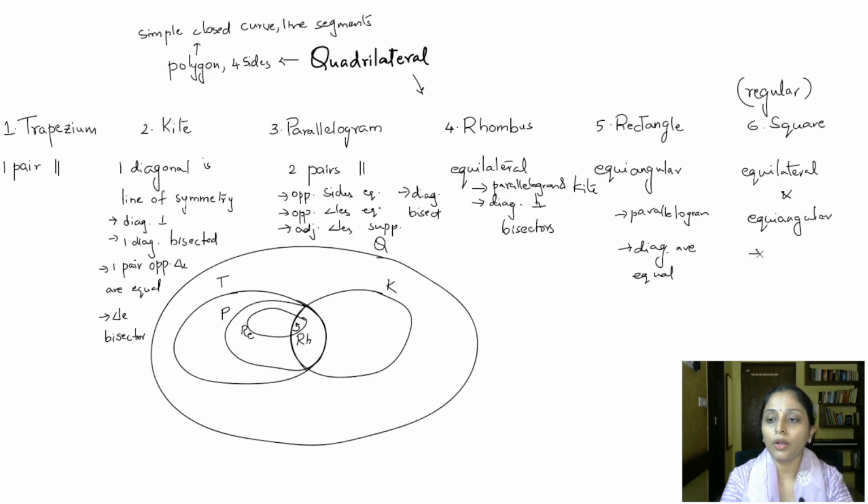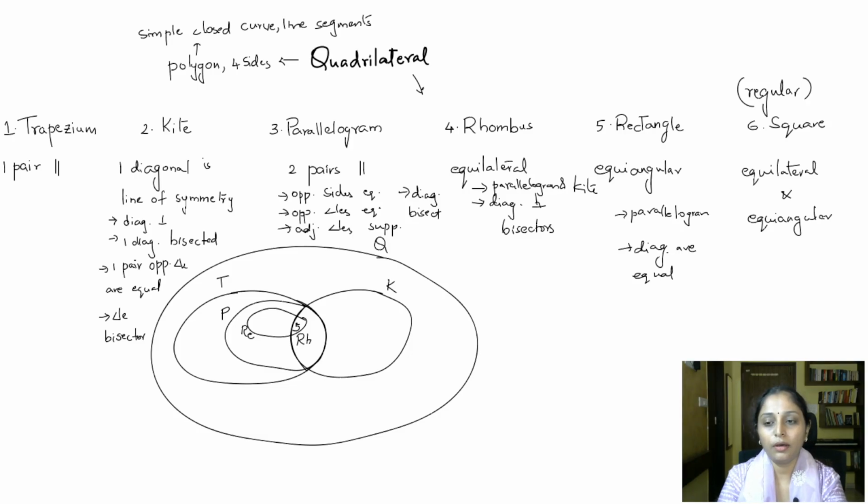Coming to square, all the properties of rectangle and rhombus will hold true, correct? And then that's it. All the properties of rectangle and rhombus will hold true because that will take care of diagonals being perpendicular bisectors of each other. So this is about the properties of all the 6 quadrilaterals that we have looked at.